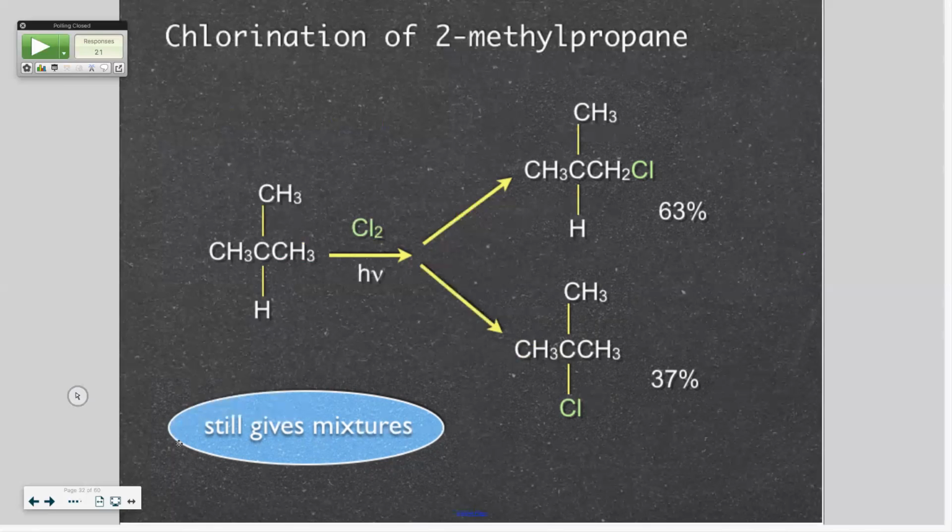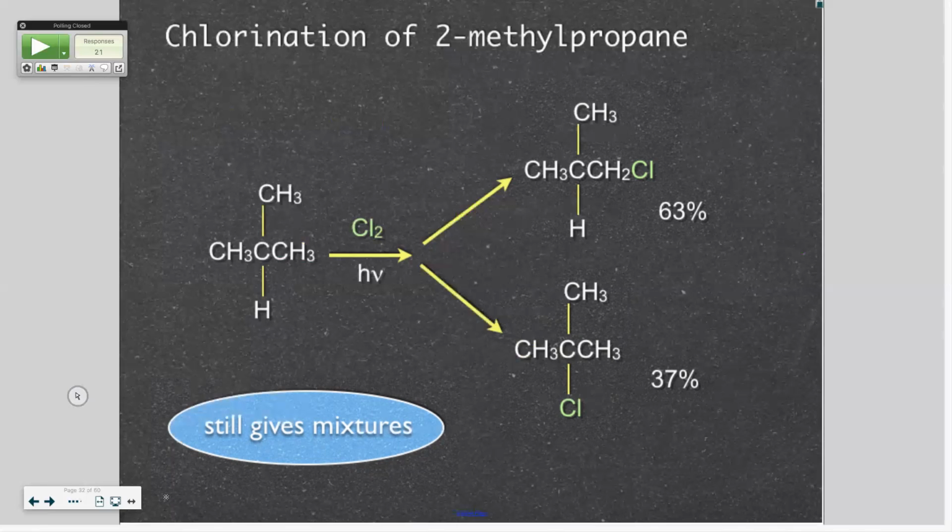Instead of using chlorine, we use the other one that works, bromine. Bromine is more selective, less reactive than chlorine. It might take longer, like an extra day, but you save yourself a week of fractional distillation. Heck, let's go for it.